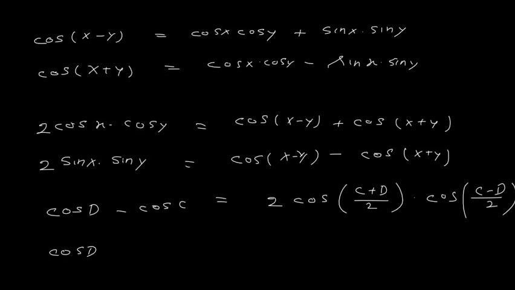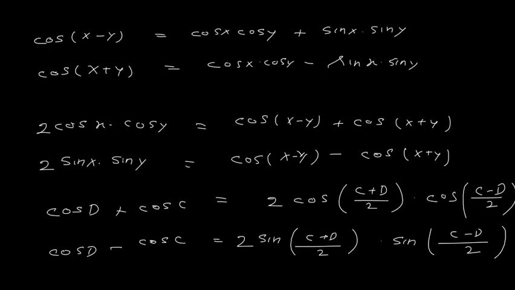First we find cos d plus cos c. This is plus, and cos d minus cos c. For minus sign we have 2 times sin of (c plus d)/2 sin of (c minus d)/2.